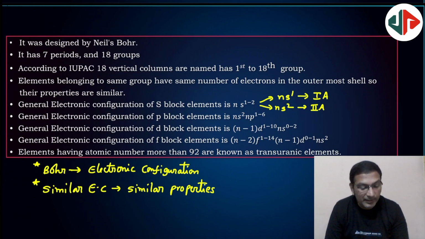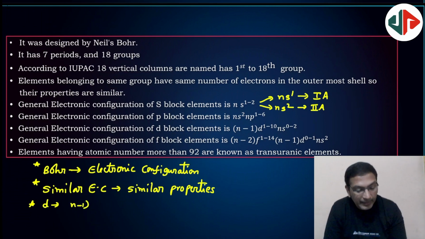Next, general configuration of d-block elements: (n-1)d1 to 10 ns0 or 1 or 2. That means for d-block, (n-1)d1 to 10 is gradual filling and ns0 or 1 or 2.